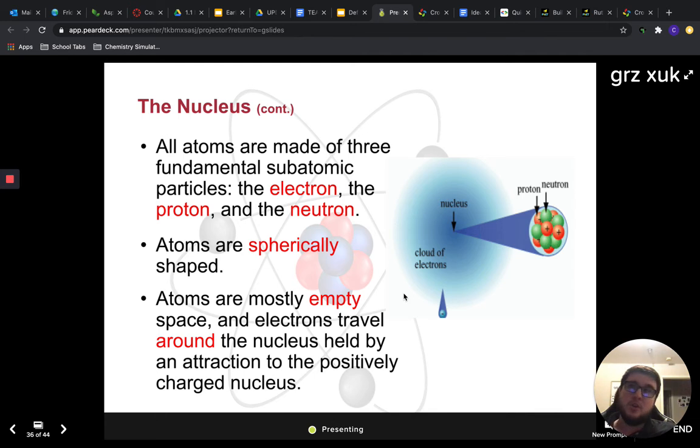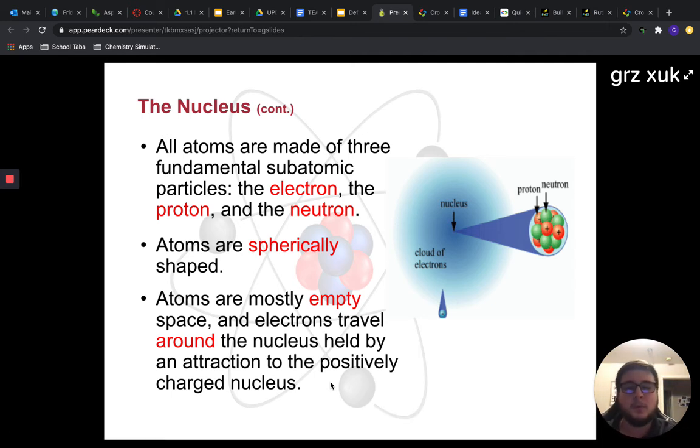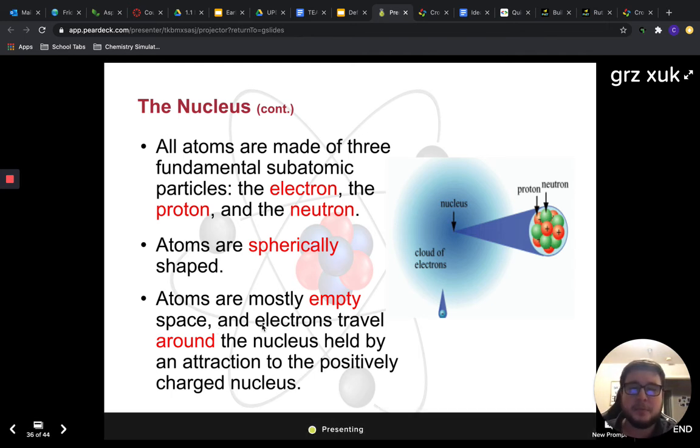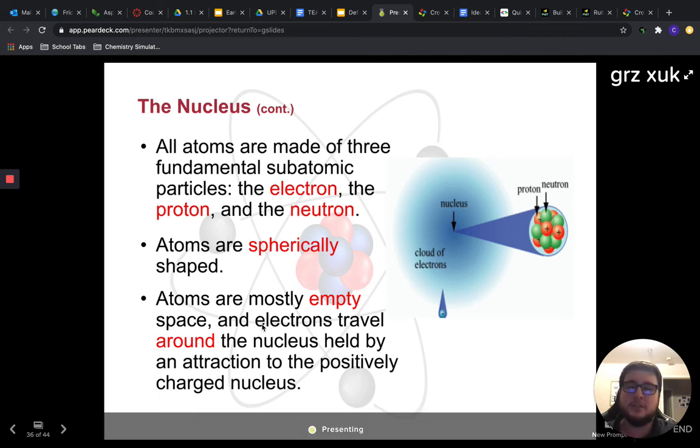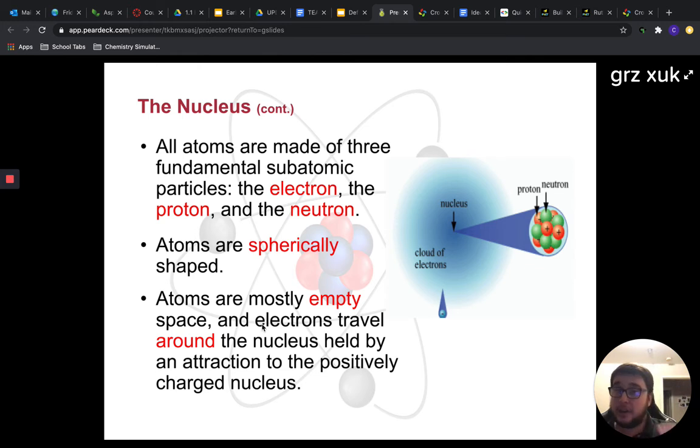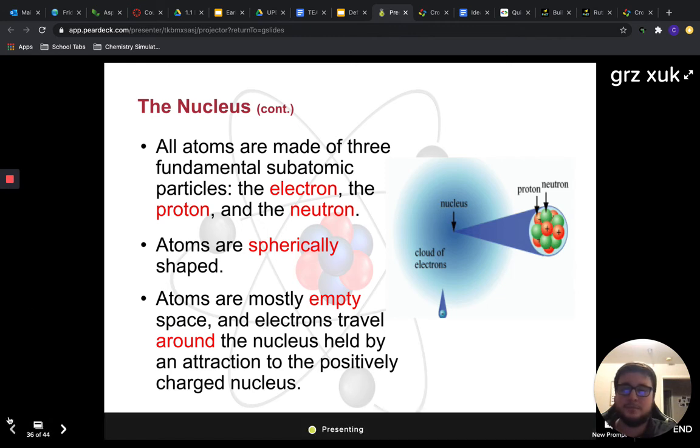Think of it like the planets orbiting the sun in our solar system. The nucleus would be like the sun. The electrons orbiting the nucleus would be like the planets. Okay? So atoms mostly empty space. Electrons travel around the nucleus, held by an attraction to the positively charged nucleus. Electrons are negative. The nucleus is positive, opposites attract, so that's what kind of keeps the electrons there in the atom.